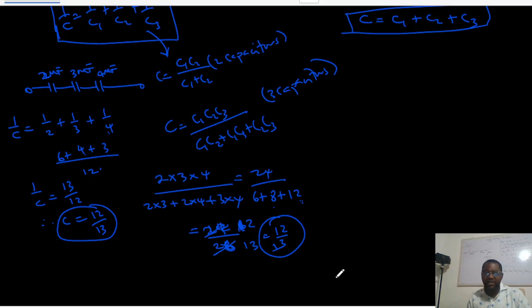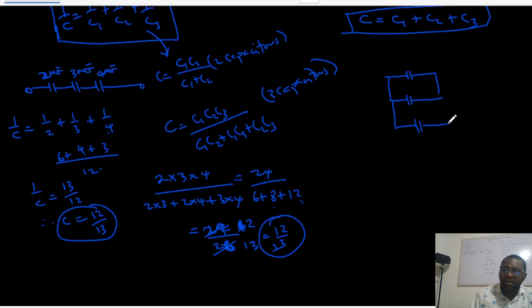Please don't forget that. Now, in parallel, let's say you have something like this. It doesn't matter how many you have. I have another one here and another one here, and they are all connected to a voltage. Let's say this is 2 microfarad, this is 7 microfarad, this is 1 microfarad, and I'm asked to find the total capacitance.